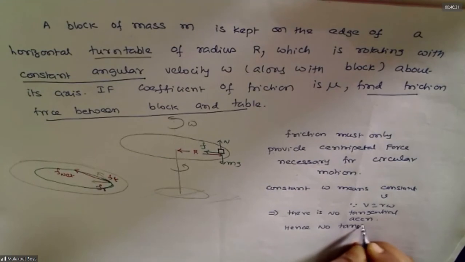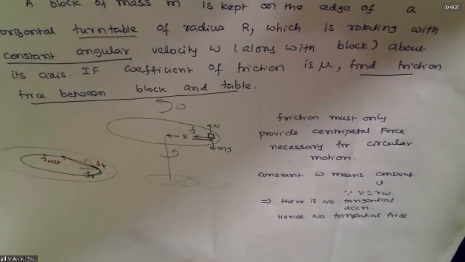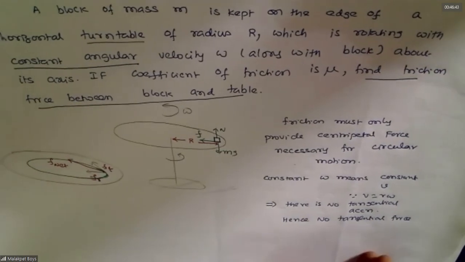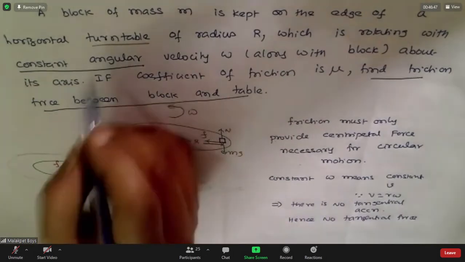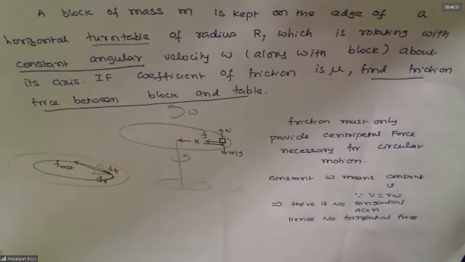So doing a problem is different from analyzing a problem, which should have no tangential force. Understood this? Understood, sir. What books do is they give one solution. They won't explain anything. So constant, he said. Constant means omega is constant, means V should be constant, so no tangential force.